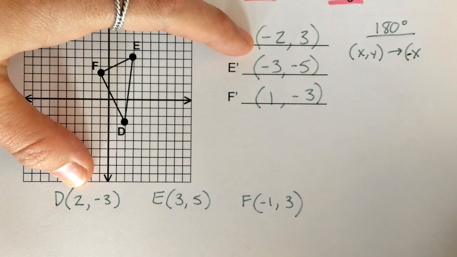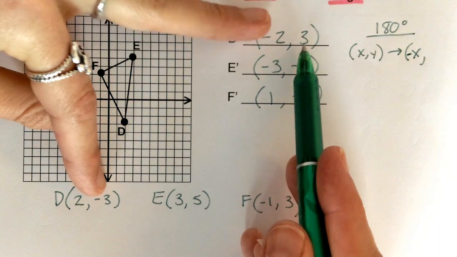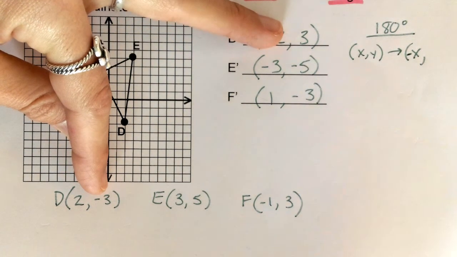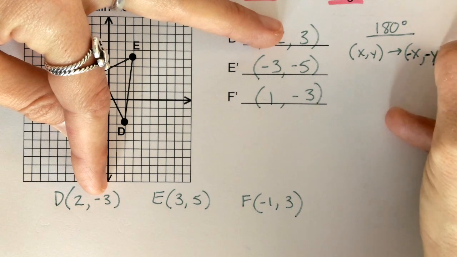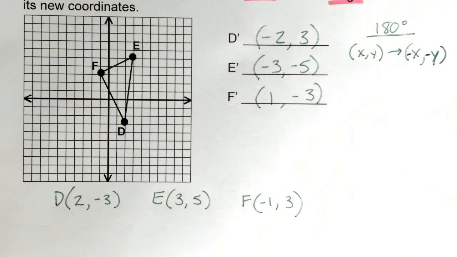So we need to change the sign of that X. Y, we went from a negative 3 to a positive 3. So we kept the same number. We didn't switch them around or anything, but we changed the sign. So all you do with a 180-degree rotation is change the sign of everything. Change positives to negatives, negatives to positives. That easy for that one.